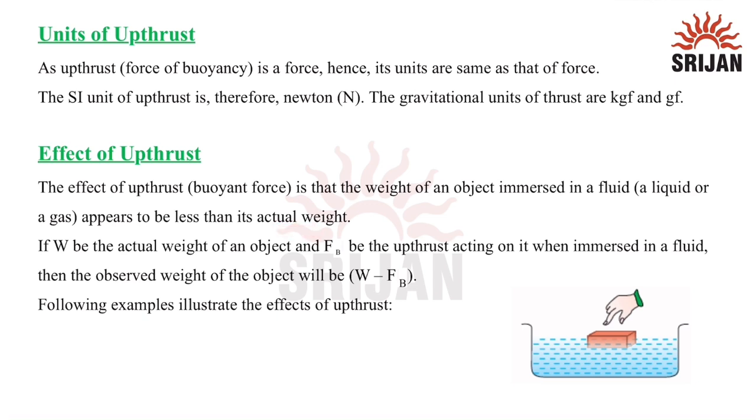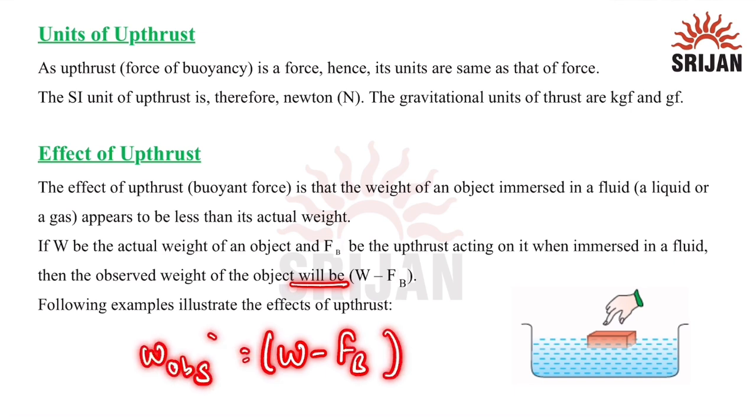If W is the actual weight of an object and FB is the upthrust force acting on it when immersed in a fluid, then the observed weight of the object will be W minus FB. This is the observed weight.